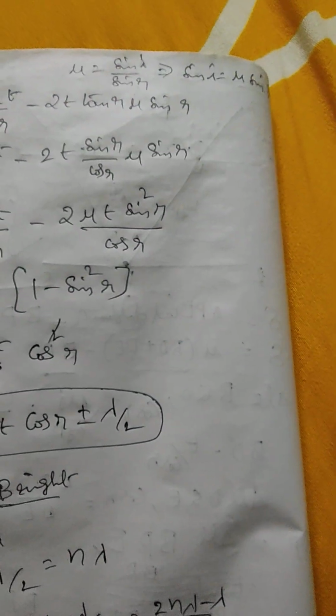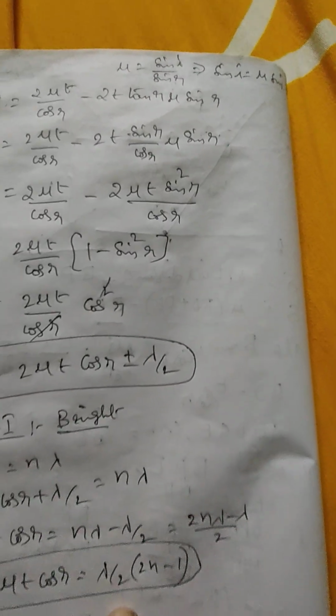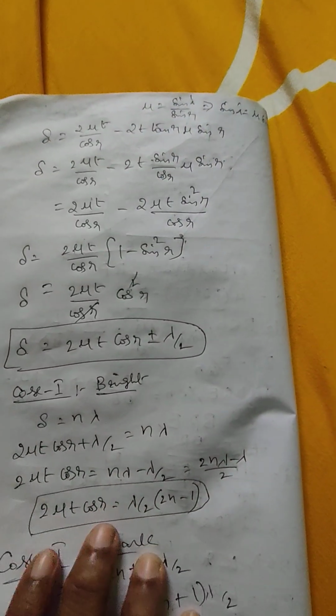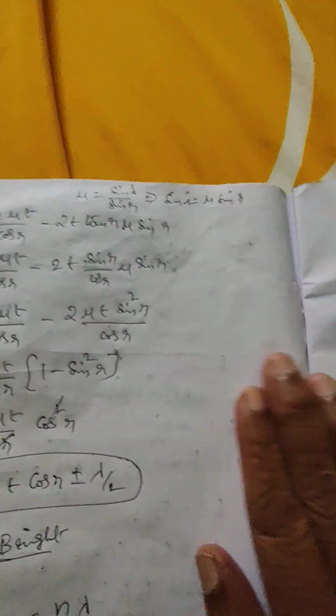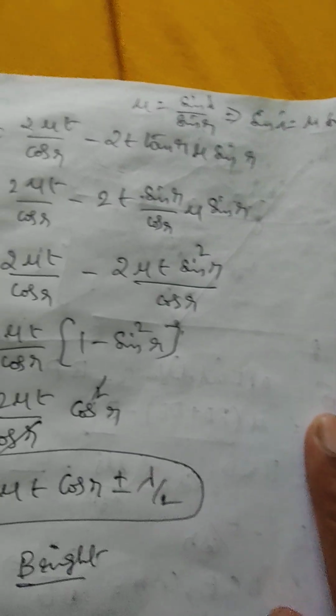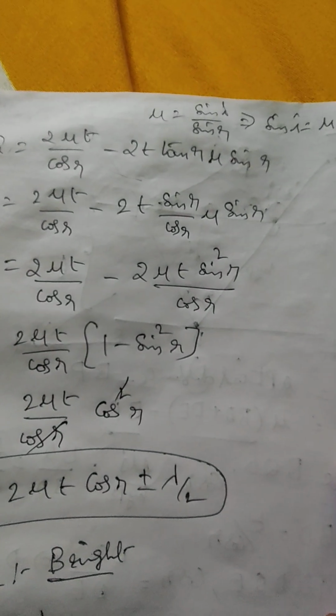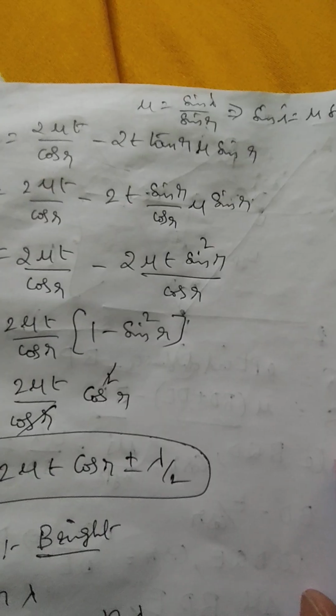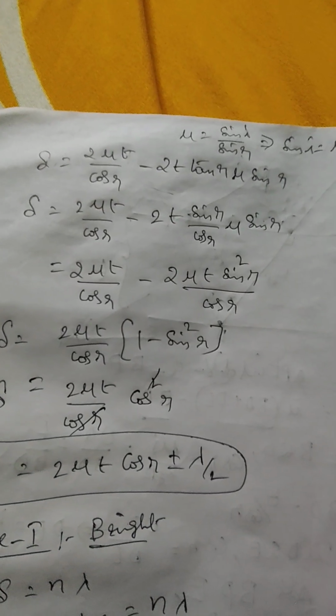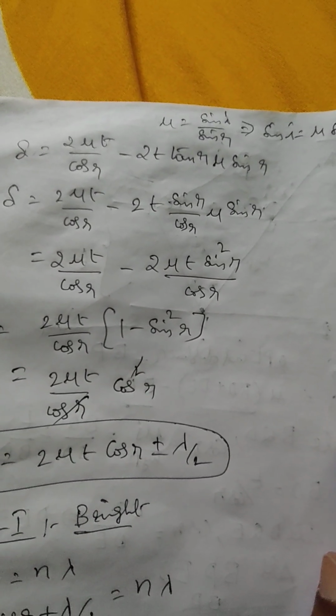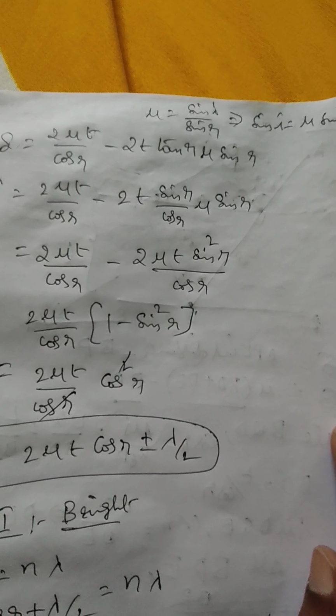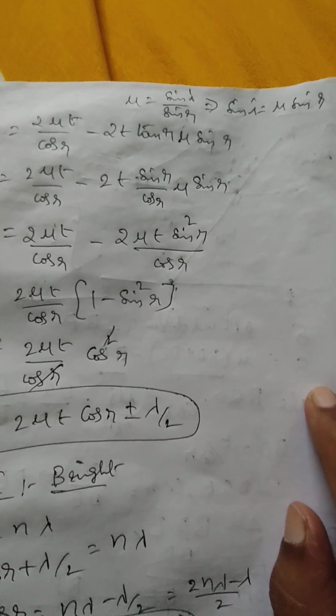According to Snell's law, we know that mu is equal to sin i by sin r. Then sin i is equal to mu sin r. Now delta is equal to 2 mu t by cos r minus 2t tan r sin i. In place of sin i, we can put mu sin r.